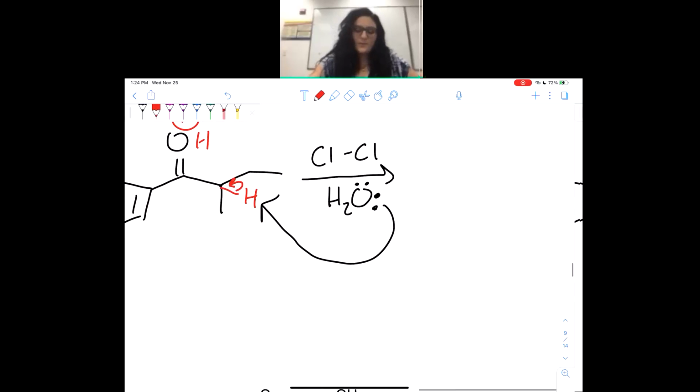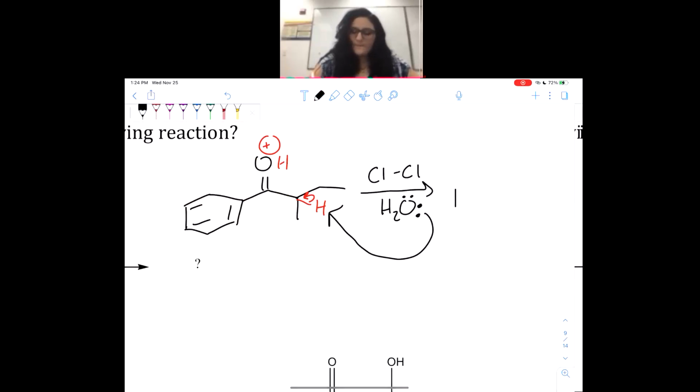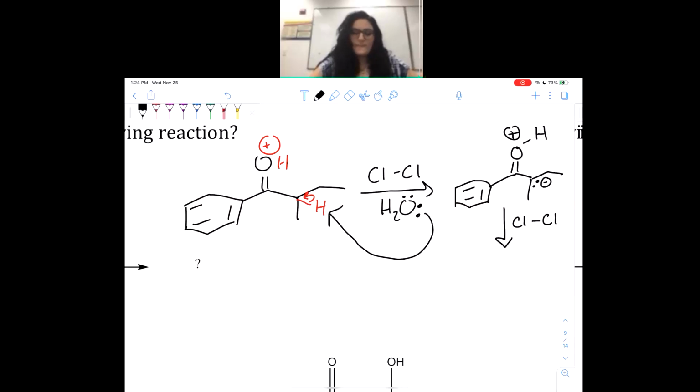And so we get a negative charge. Okay, so at this point, what are we going to do? Attack, exactly. So we're going to attack here, give those electrons back.